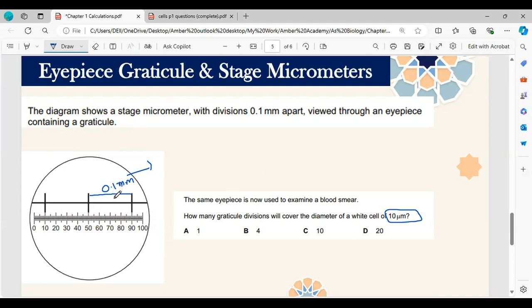Okay, so you're going to multiply 0.1 by 1000 again to get an answer of 100 µm, like we did in the previous part. So now this is 100. Okay. So we'll do the same thing again. Since this is the stage micrometer, we need to find out the value for eyepiece graticule as well, that 100 µm is equal to how many eyepiece graticule units.